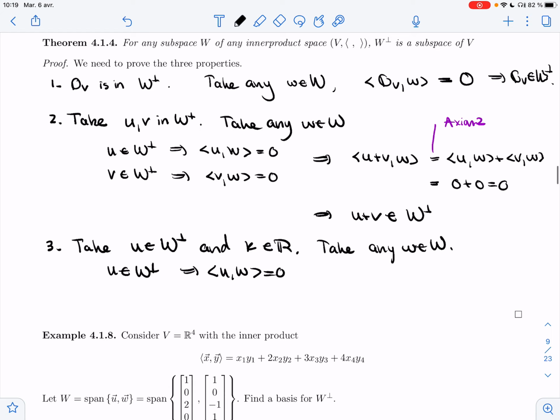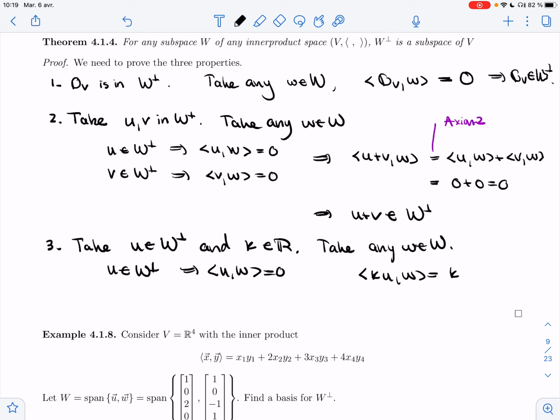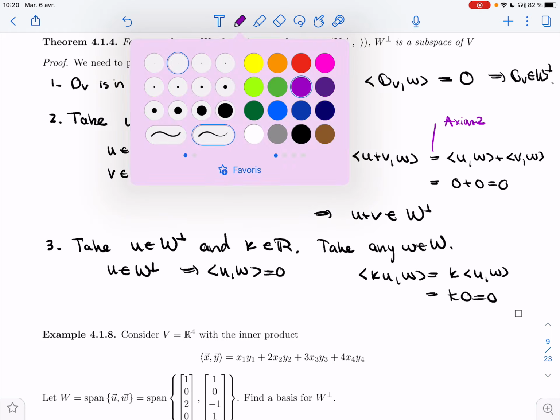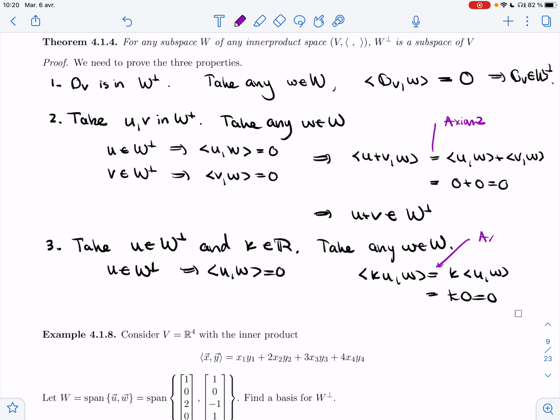And so <ku,w>, now we're using axiom 3, and so we get k times 0, which is 0. So we proved the three properties, so yes, W perp is a subspace.